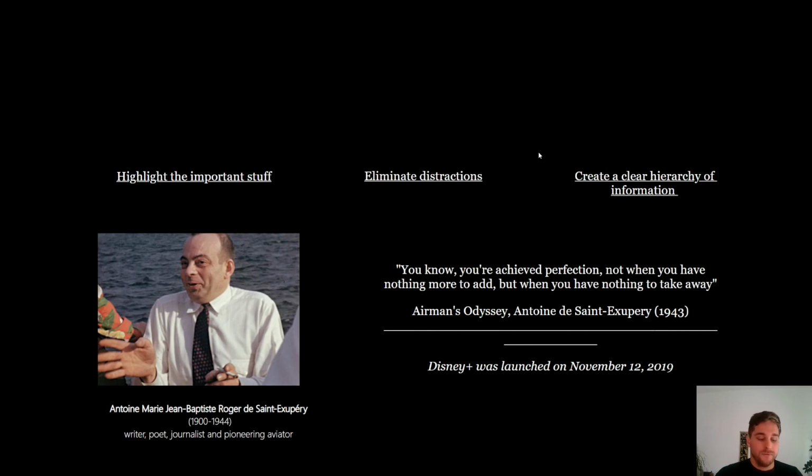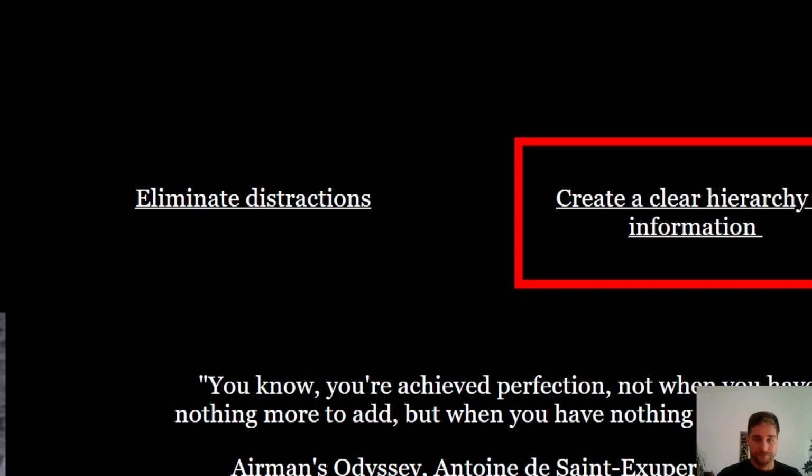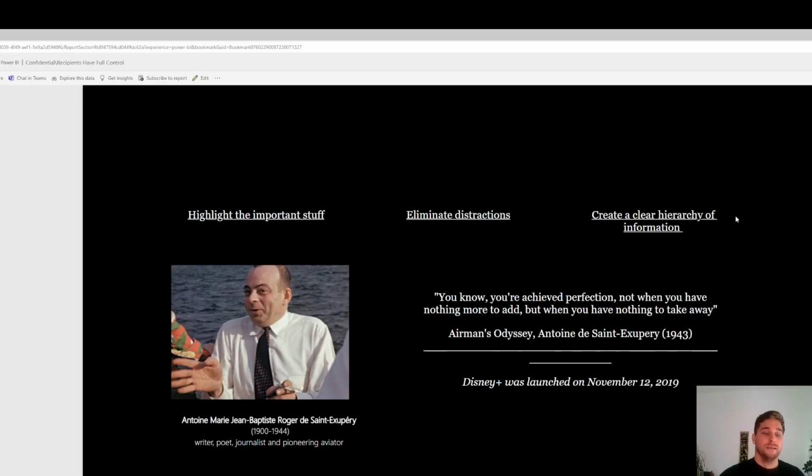And last but not least, create a clear hierarchy of information. What does it mean? It means give an option to navigate to the additional information when it's really needed. This could be achieved with drill through, drill down, tooltips, and many navigation options like bookmarks and so on.